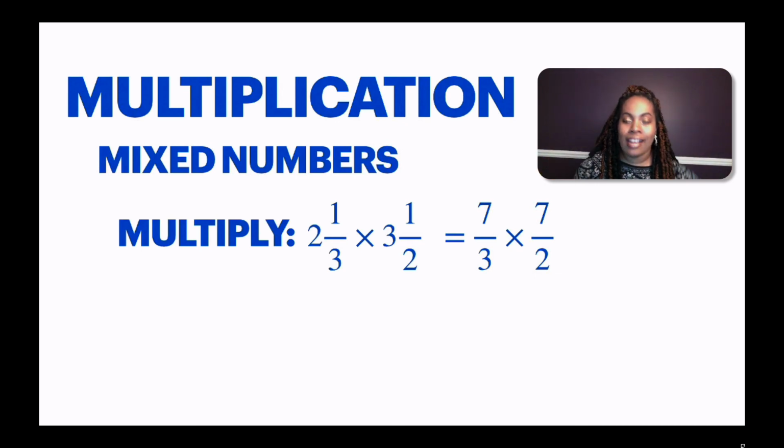Straight across. So 7 times 7 is 49, and 3 times 2 is 6. Boom. Usually we might convert it back to a mixed number, but it's fine to keep it just like this: 49/6. That's our final answer. That was pretty easy, right? Get rid of that mixed number, convert, multiply straight across. You guys are amazing, I must say.